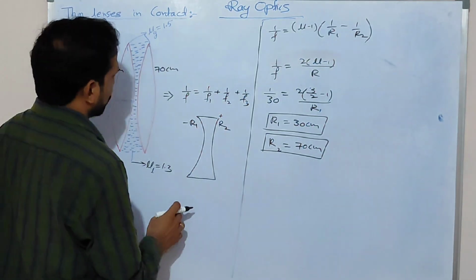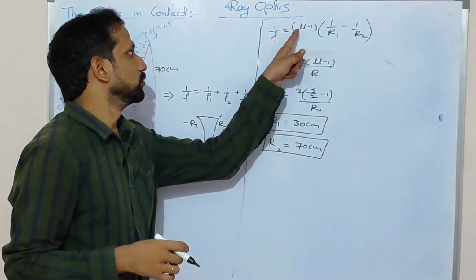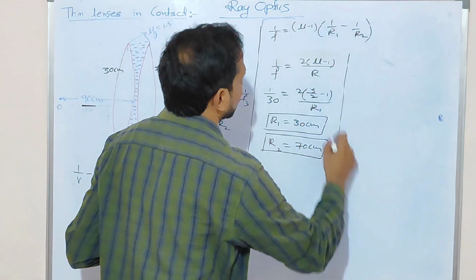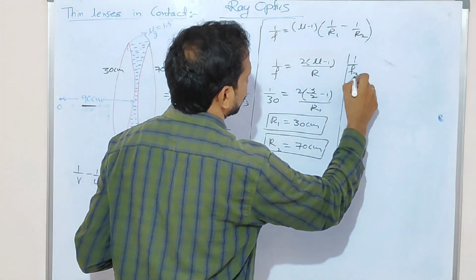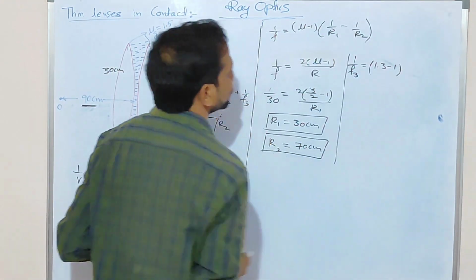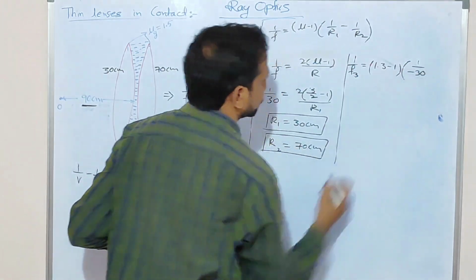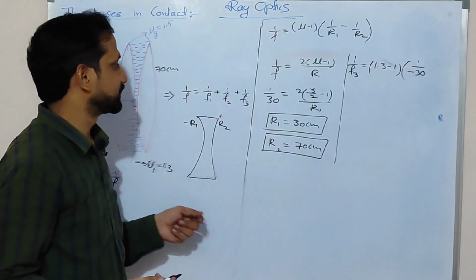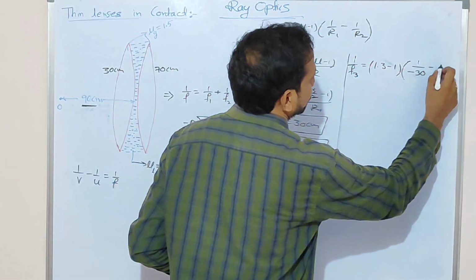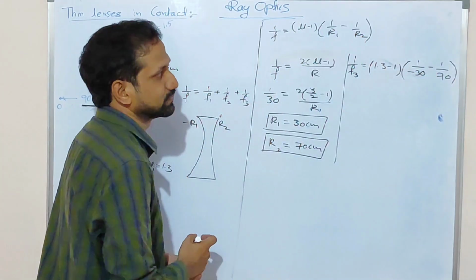Now to find the focal length of this liquid lens, again we use the same formula, but for mu you have to take the liquid's mu. So 1/f3 equals (1.3 minus 1) into (1/(minus 30) minus 1/70). Why minus 30? Because of the sign convention, and this minus is there in the formula itself.